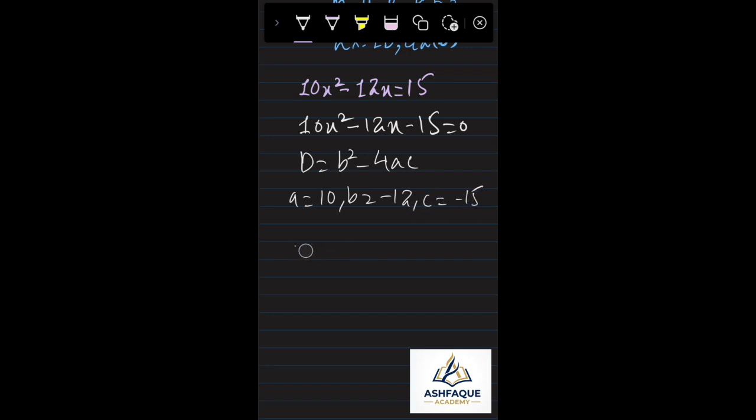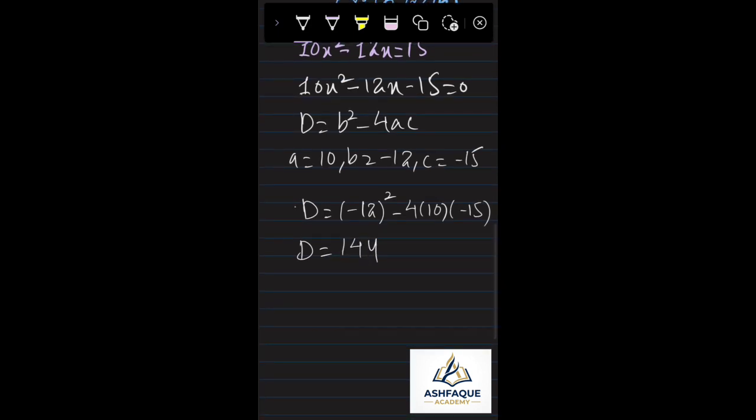So D equals minus 12 whole square minus 4 times 10 times minus 15. So D will be equal to 144. We will multiply 4 into 10 is 40, 40 into 15 is 600, minus times minus becomes plus.